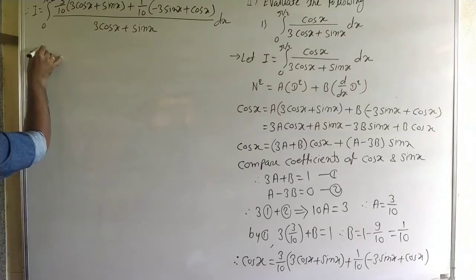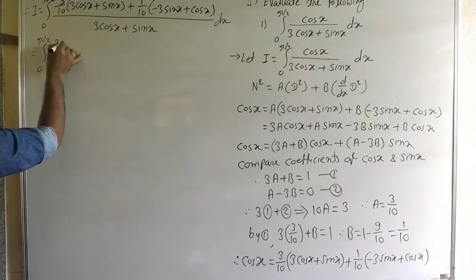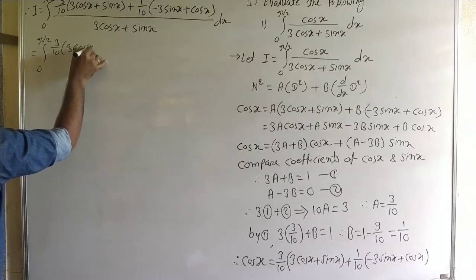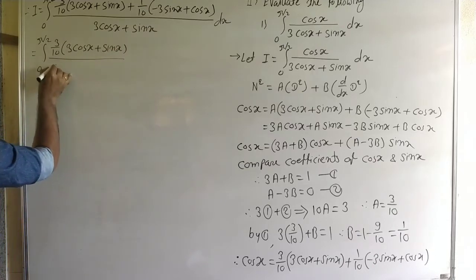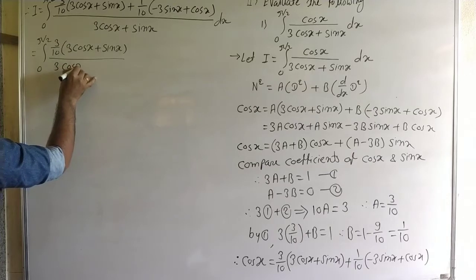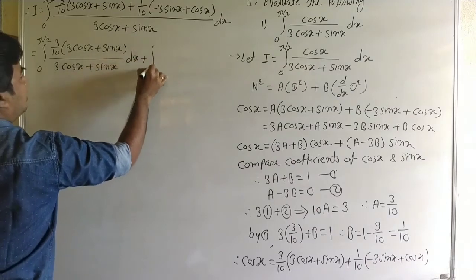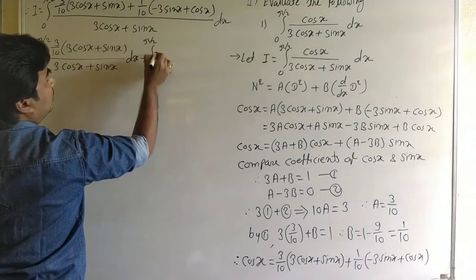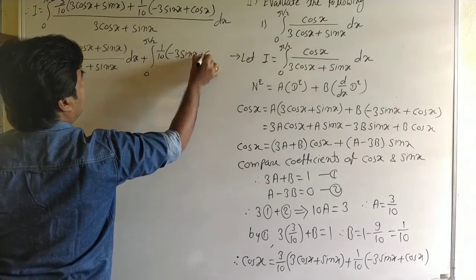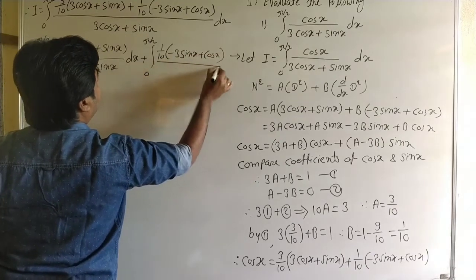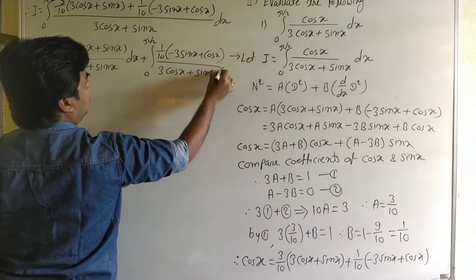Then we can write integral 0 to pi by 2 of 3 by 10 into 3 cos x plus sin x upon 3 cos x plus sin x dx, plus integral 0 to pi by 2 of 1 by 10 into minus 3 sin x plus cos x upon 3 cos x plus sin x with respect to x.